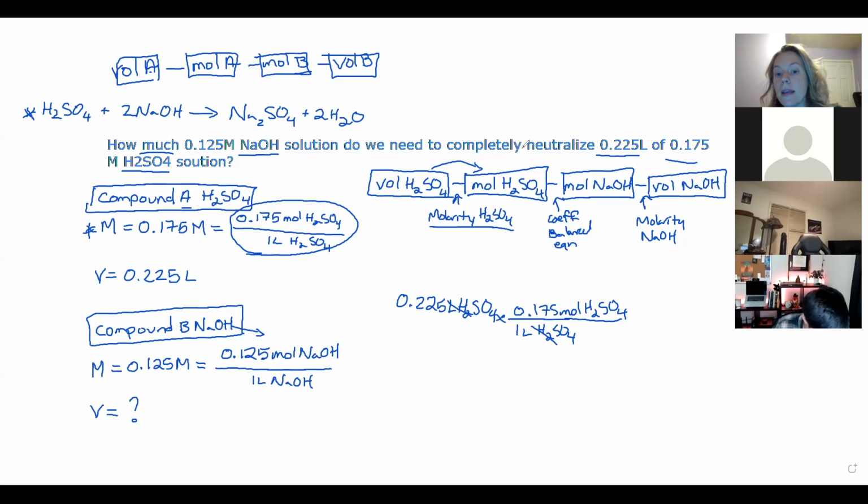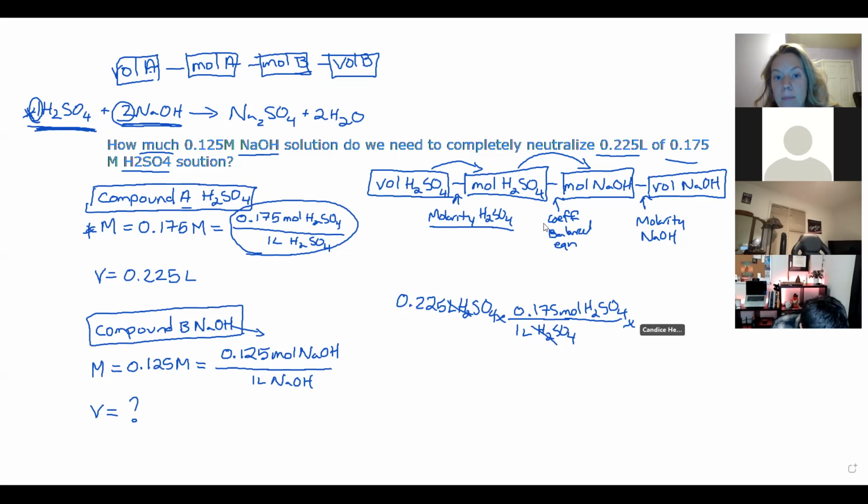Great. The next step is to go from moles of my initial compound into moles of the desired compound. That's the solution stoichiometry part. So we want to go from H2SO4 here on our balanced equation to the NaOH. And the coefficients tell me it's a 1:2 ratio.